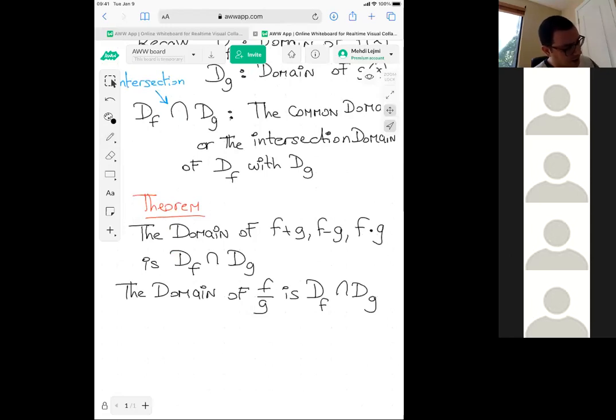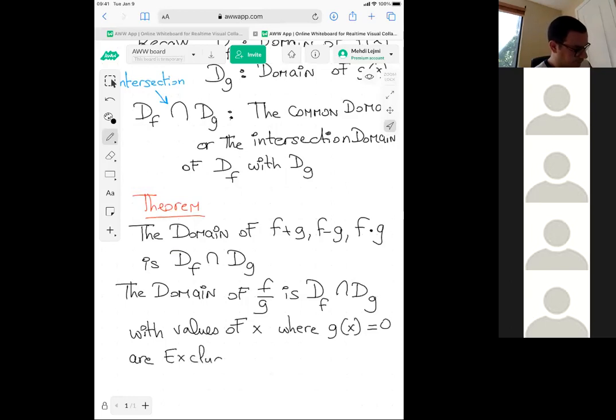So it is the intersection domain with the values of x where g of x is 0 excluded. Right.